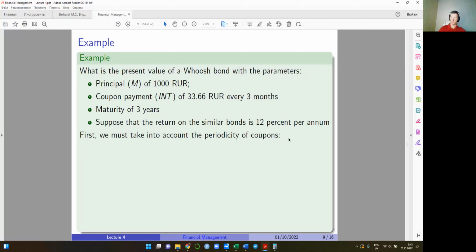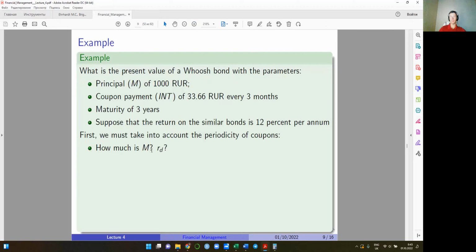So first of all, a very important step. You must start with the transformation of necessary characteristics according to the periodicity of coupons. So what does this mean? Maturity is 3 years, but payments are paid every 3 months.